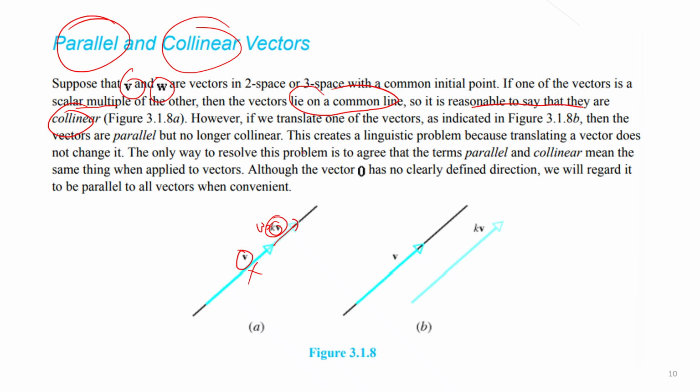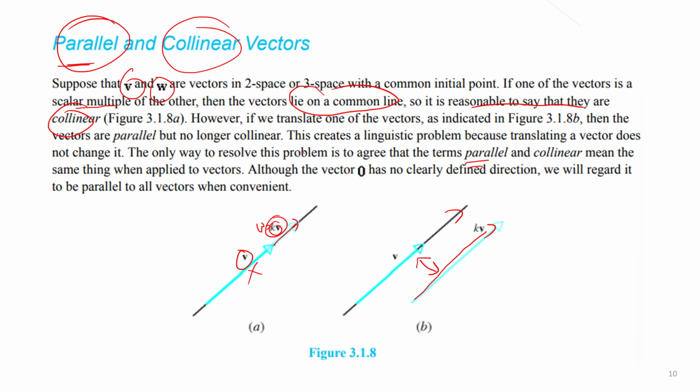However, it's different with parallel. Two vectors are called parallel if they maintain the same direction, but do not share any, yeah, this one you see, the direction is the same, it's all going there, but they may not have a common initial point nor any points that coincide in the same line.